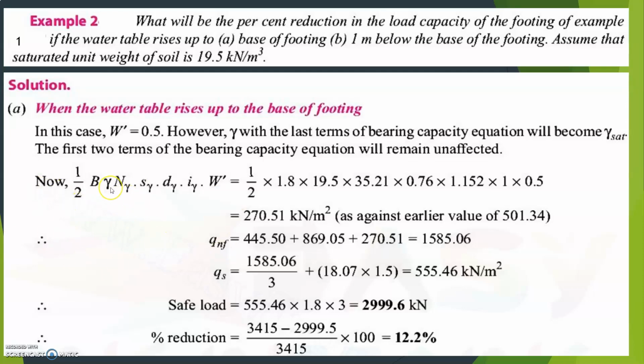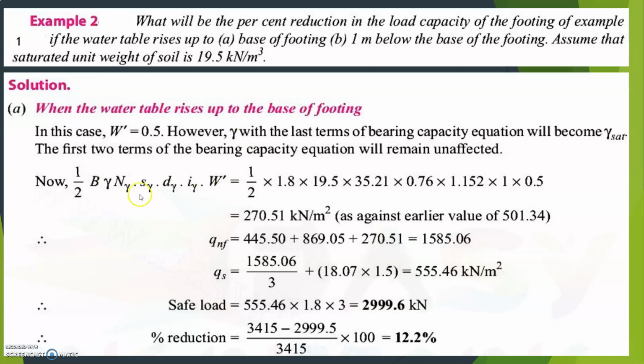Because there is gamma, and there is a water table effect. The first two terms, the C term, are the same. Even the second term, NQ minus 1 gamma D, there is no change. Only the last term has to be changed. So you consider only that last term here, then the remaining things are the same.